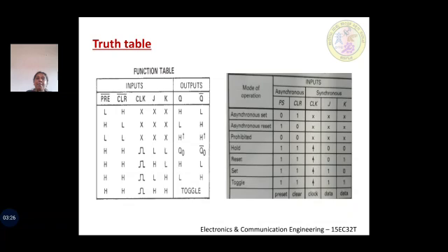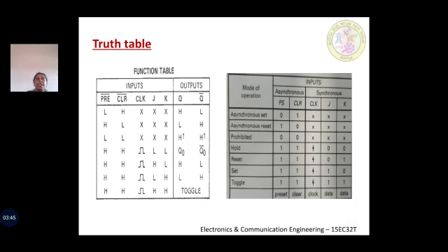Q will be high and Q bar will be low, that is Q is 1 and Q bar is 0, and this action or this state is known as asynchronous set.